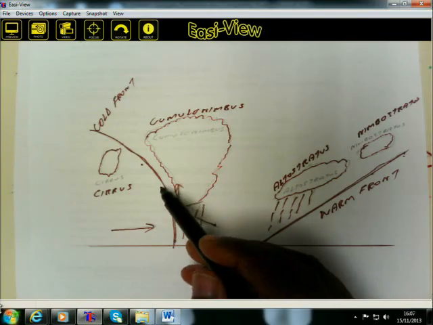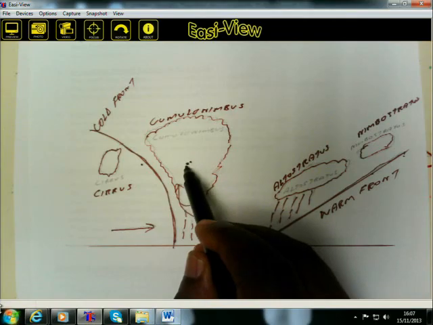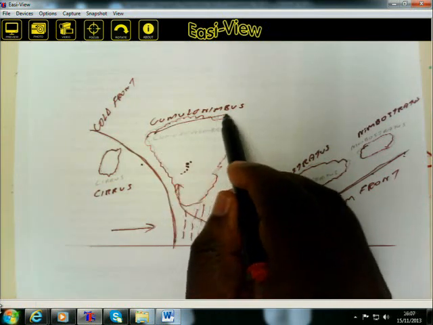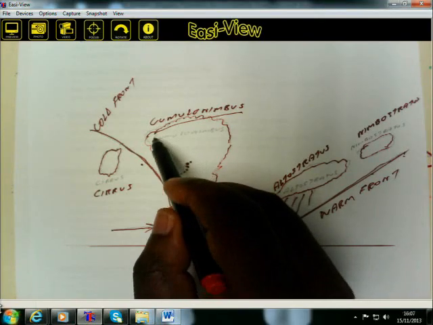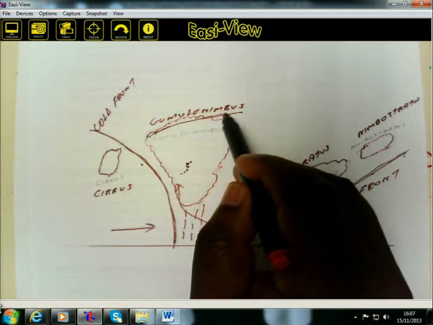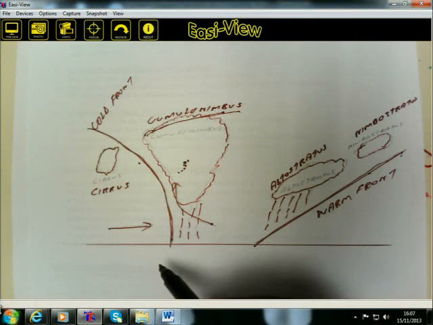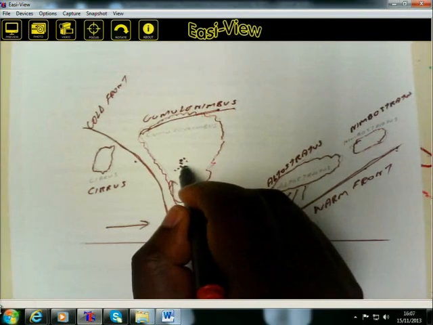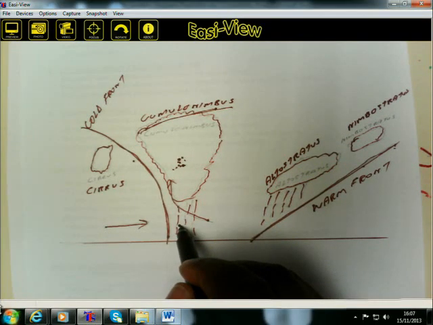on this side of the cold front, we are having the formation of clouds. And the type of clouds that are formed in front of the cold front are called cumulonimbus clouds. Obviously, it is only the cumulonimbus clouds where we are going to have the thunderstorm and rainfall, meaning that it is from the cumulonimbus clouds that we can expect heavy rainfall.